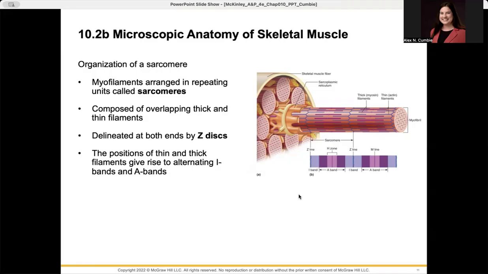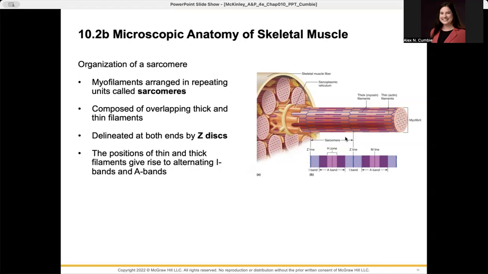That whole little section here where we have overlap of myosin filaments and actin filaments is called a sarcomere. Sarcomere is the functional unit of a skeletal muscle fiber because it contains both the actin and the myosin filaments, which are going to be doing the muscle contraction. So we call that a sarcomere. The delineation between them, delineation just meaning the beginning and the end of each sarcomere, are designated by these Z discs.